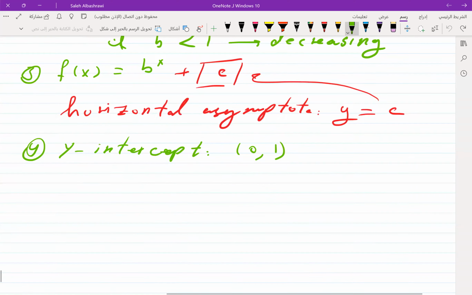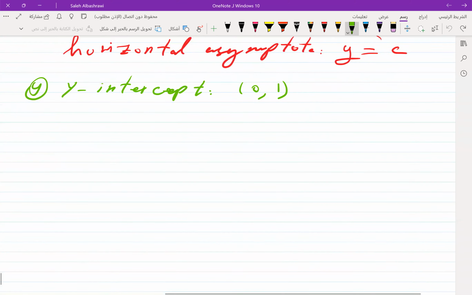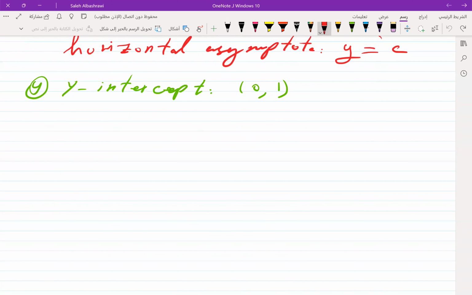Let's take one more example. Example number 2. Graph y equal minus 2 to power x. We graphed the function 2 to power x before, but in this example, I'm going to sketch the graph of minus 2 to power x.